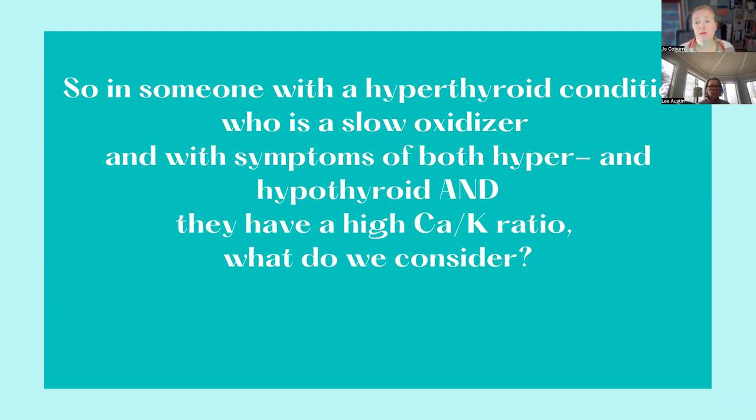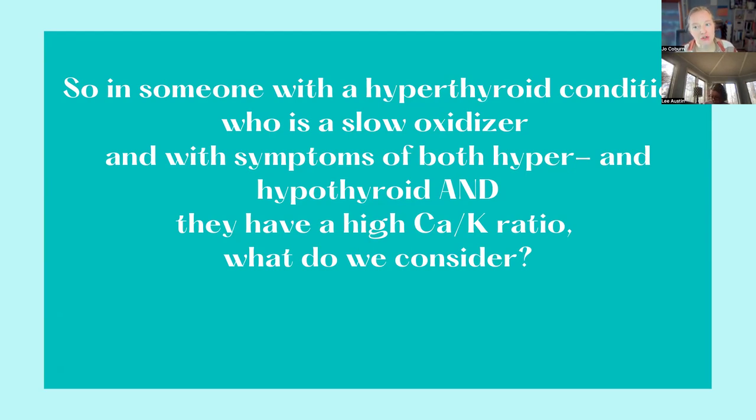So if someone with hyperthyroid condition who's a slow oxidizer, with symptoms of both hyper and hypothyroid, and they have a high calcium to potassium ratio, what are we going to be considering? Well, this is a paradox. Someone with hyperthyroid, the body is hyper, it's pushing on the gas.